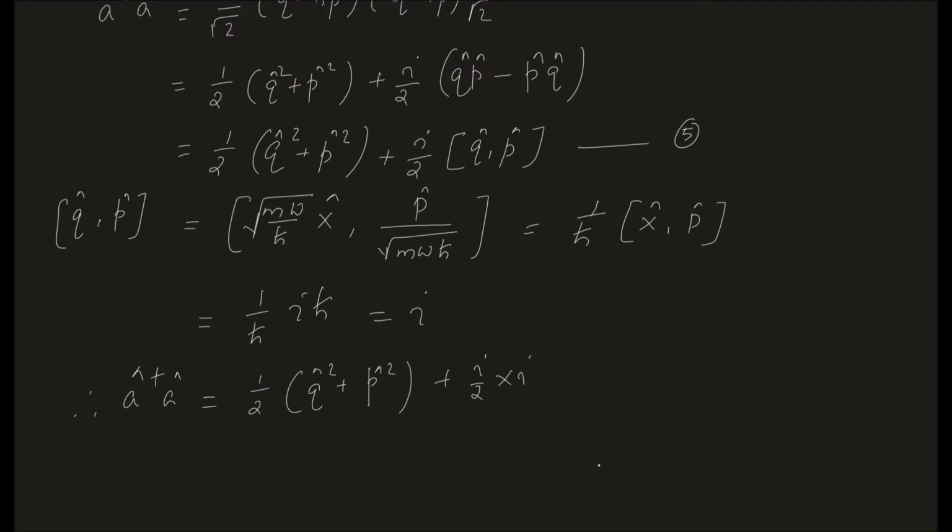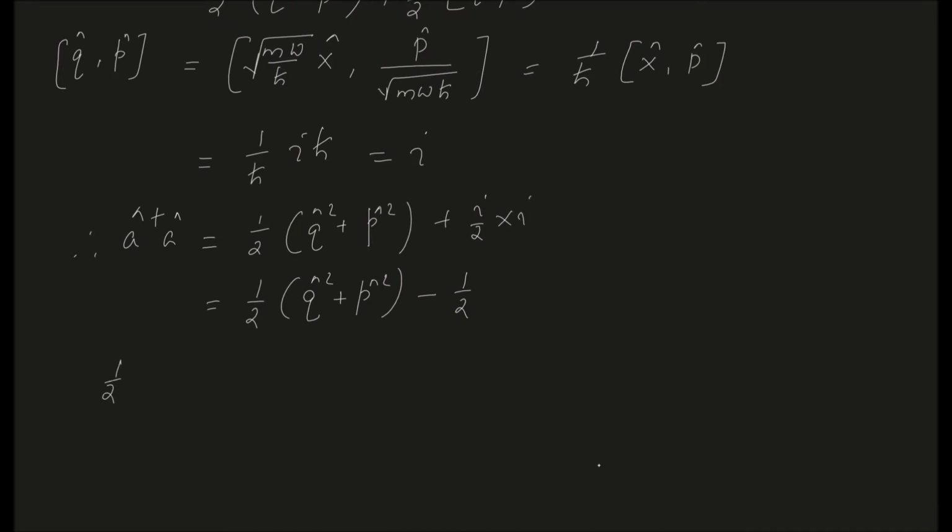Right, so this will be half of (q square plus p square) minus half, because i into i will give you minus half. Or you can write half of (q square plus p square) is equal to A dagger A plus half.